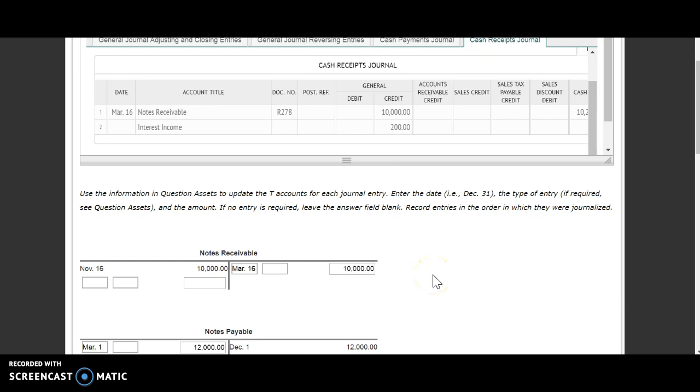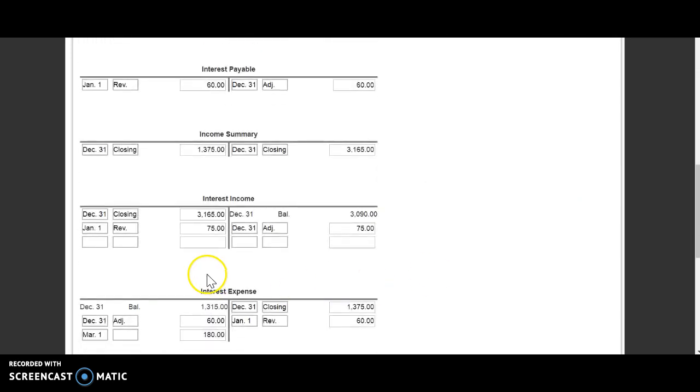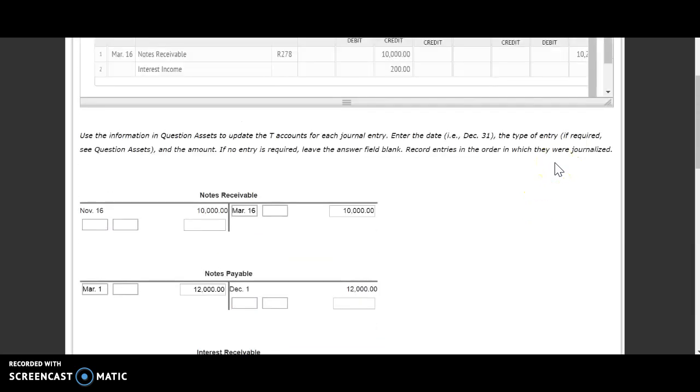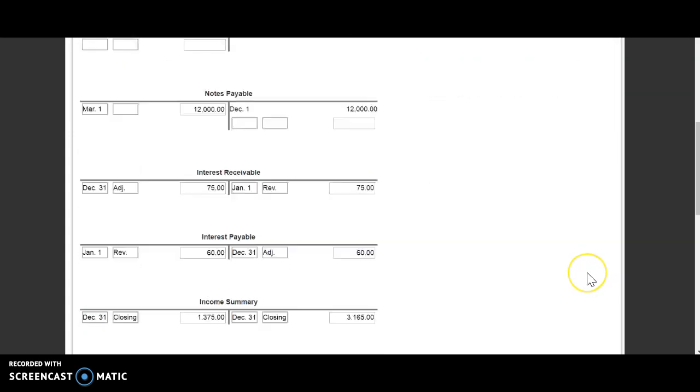And then we're going to credit interest income for 200. March 16th, and a credit of 200. Okay. So that was all of our journal pages.